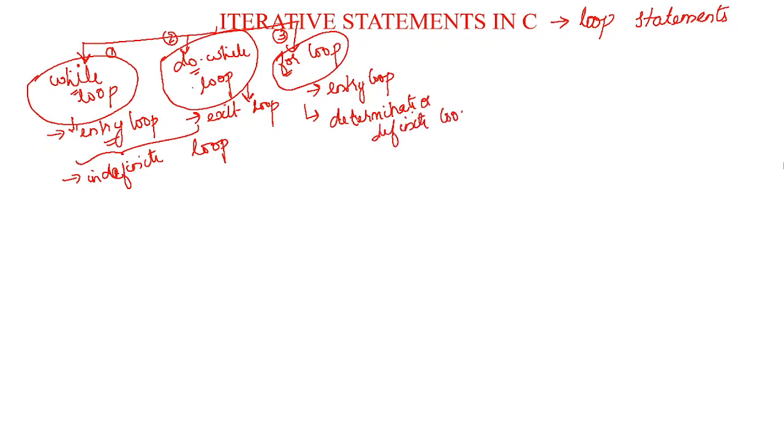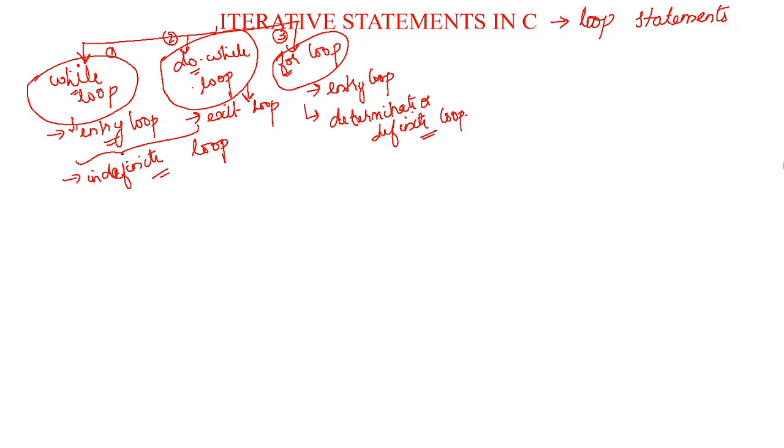If you know the number of iterations correctly, then you can go for this for loop. That's why it is called a definite loop. In the case of indefinite loops, that is your while loop and do while loop, the loop can be executed until the user wants to stop it. That is the reason why your while loop and do while loop are called indefinite loops.